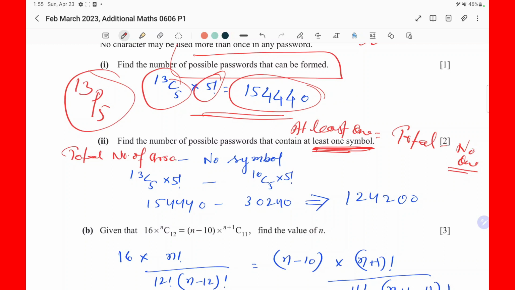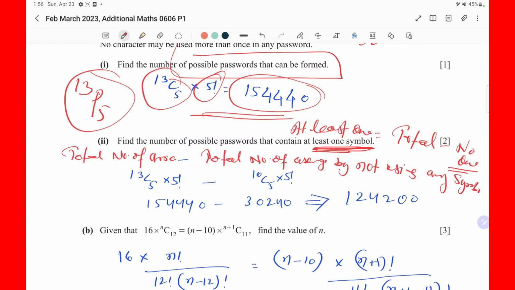total number of arrangement minus, here, total number of arrangement by not using any symbols.